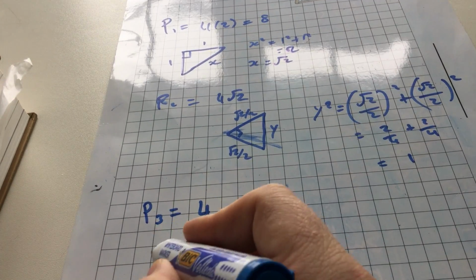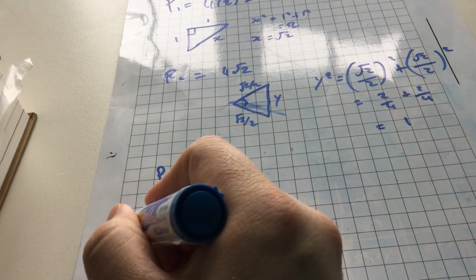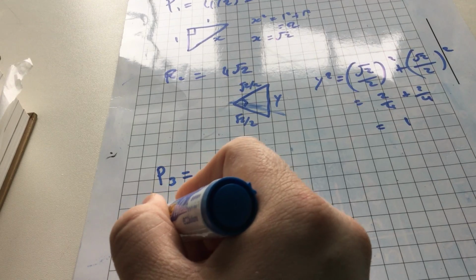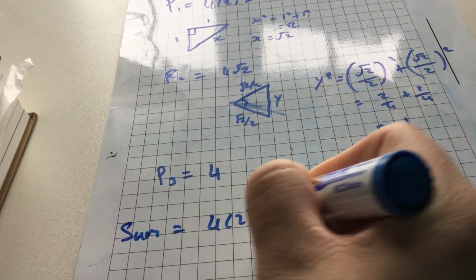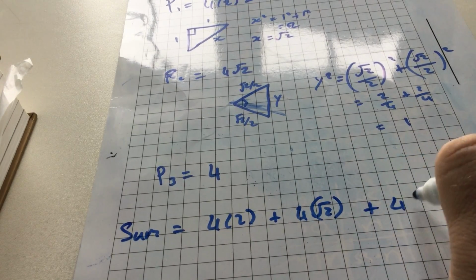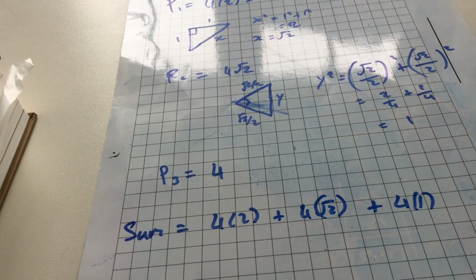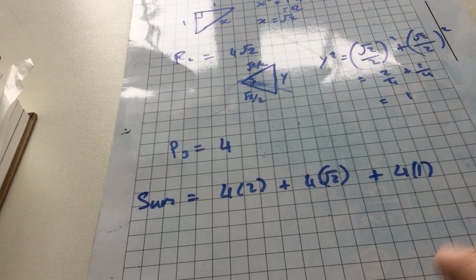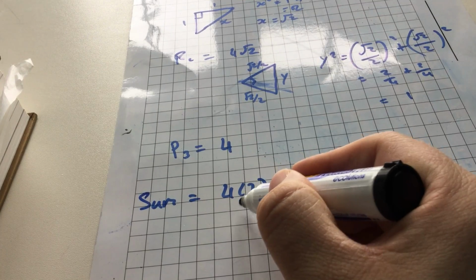So if I look at the series, okay, the perimeters are 8, 4 root 2, 4. And I think, what is common between those? Okay, what's my common ratio? I know A is 8.